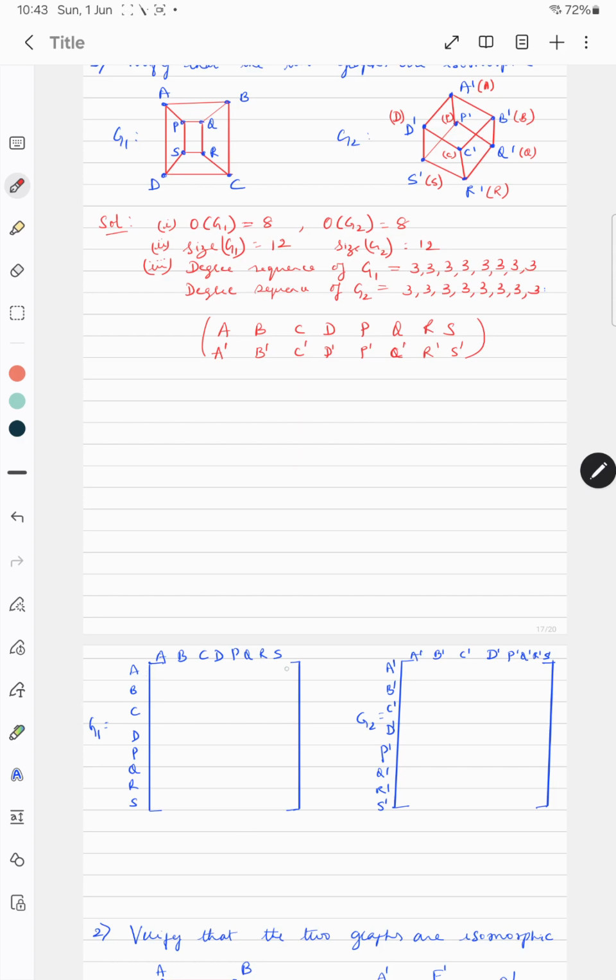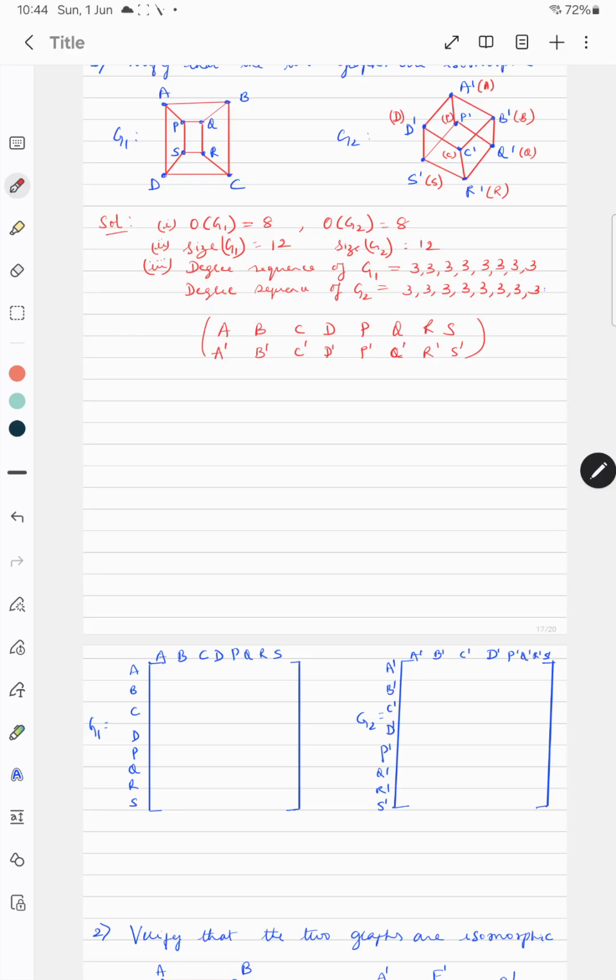Every row of G1 is labeled by the vertices of G1 as A, B, C, D, P, Q, R, S. Now we know that A, B, C, D, P, Q, R, S correspond to A dash, B dash, C dash, D dash, P dash, Q dash, R dash, S dash. So label the rows and the columns of the adjacency matrix of G2 by these vertices A dash, B dash, C dash, D dash, P dash, Q dash, R dash, S dash.